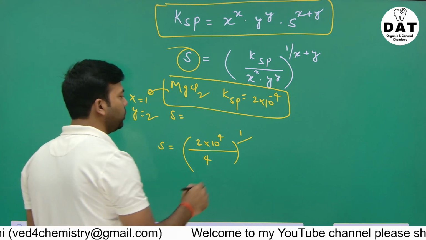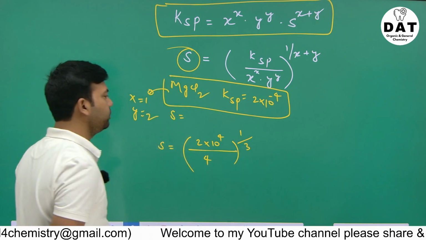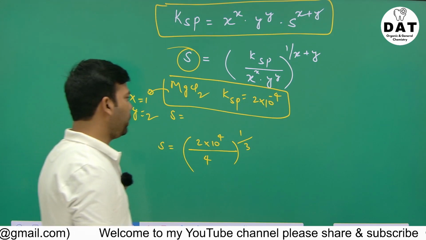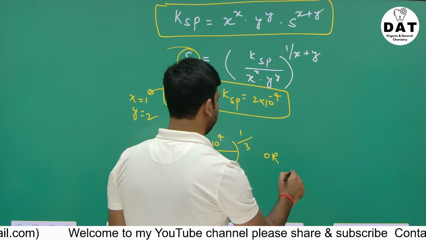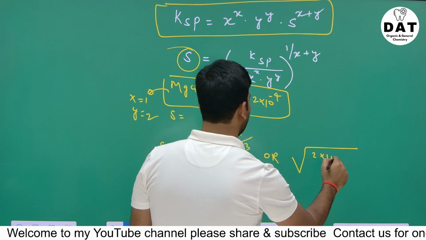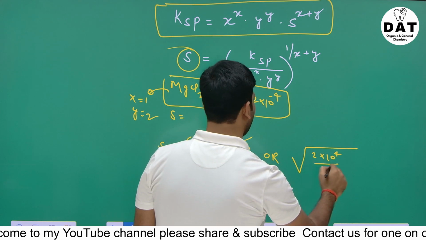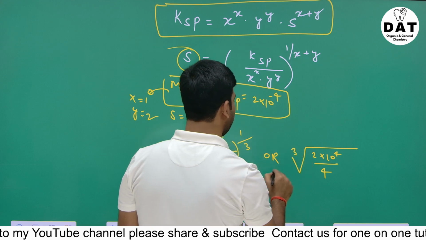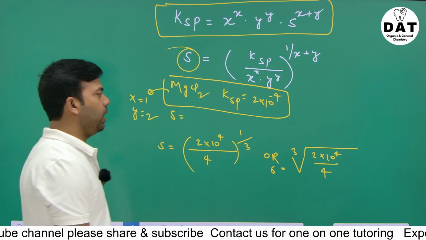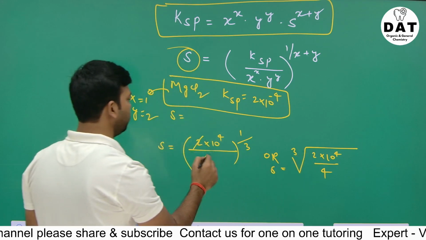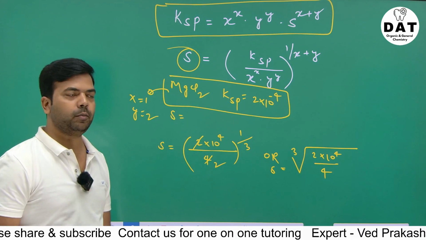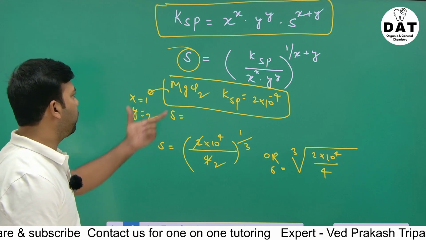So 1 plus 2, that is 3. Clear? Simple. Or you can write this in this way: the cube root of 2 into 10 to the power 4 divided by 4. That is my solubility. Clear? And you can cancel this down. This is 2. So 10 to the 4 divided by 2. So this is for solubility.